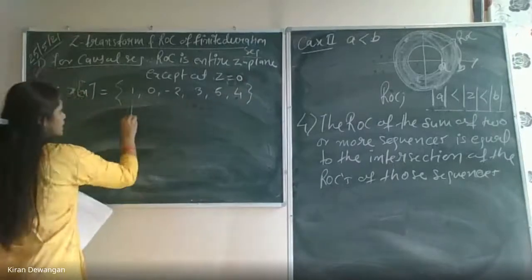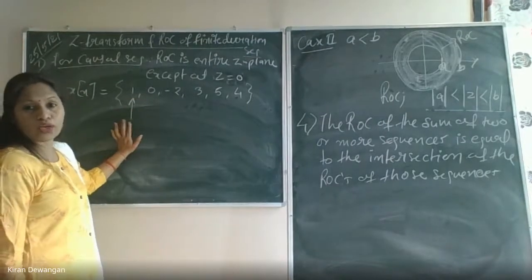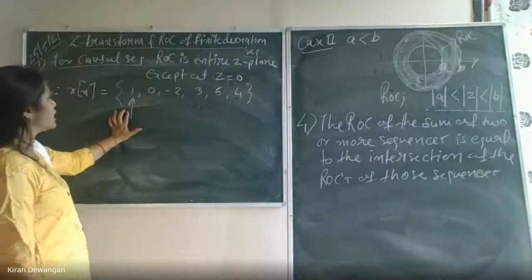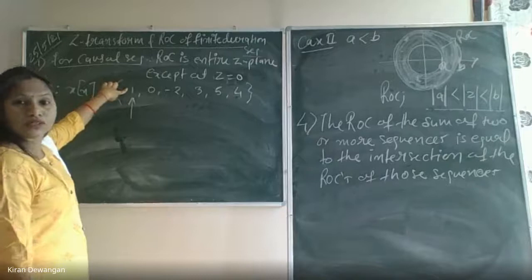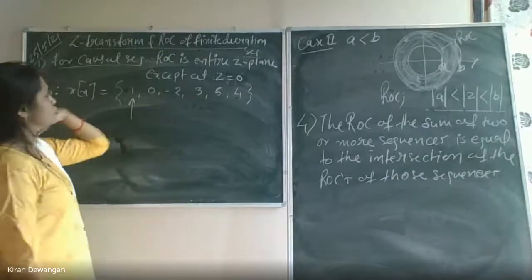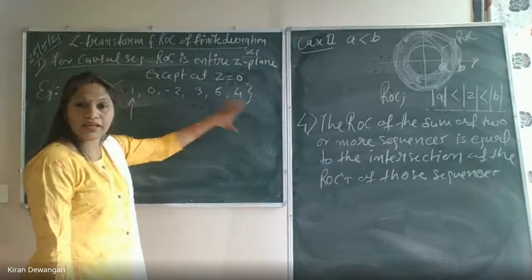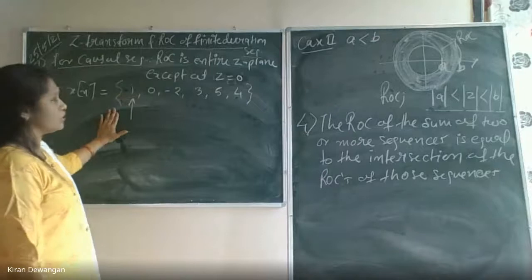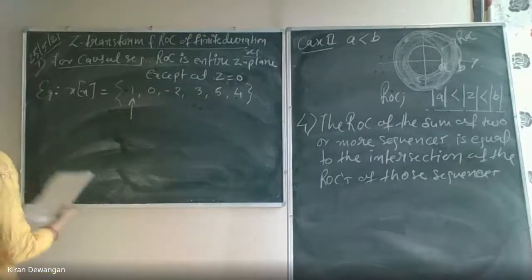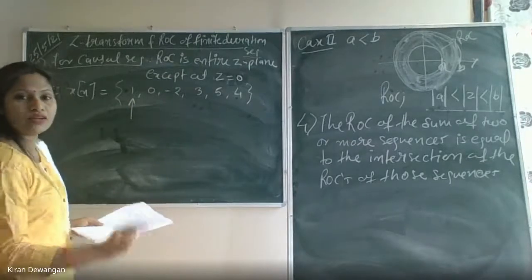Causal means this first value is the value of x of n at n equals 0. What does the arrow signify? The arrow says that this is the value at n equals 0, and the rest are the values for the positive values of n. Since this is finite duration, x of n is defined only for those values of n. So here it is a finite duration causal sequence, meaning x of n exists only for positive values of n.